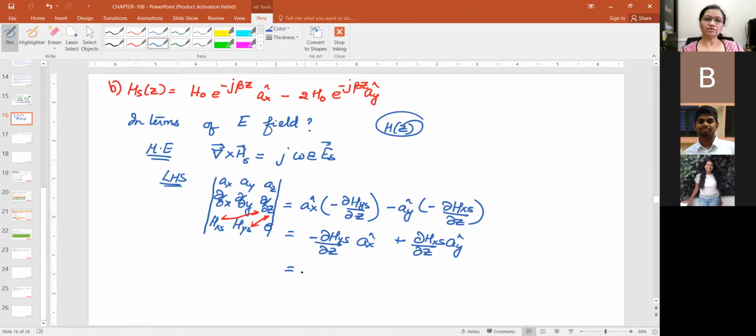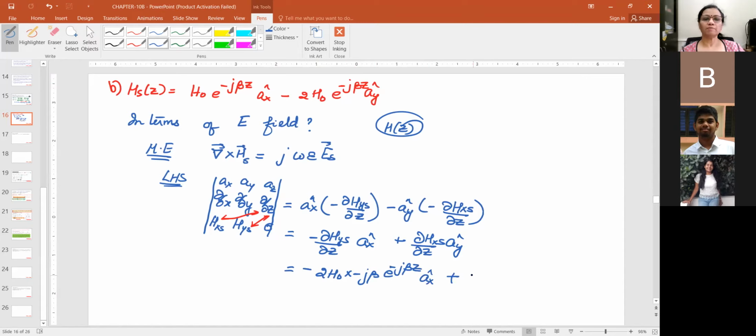When you differentiate, what are you getting? You're getting minus, then 2H naught, then you also get minus j beta, then the original part of it is going to be e to the power of minus j beta z along the ax cap direction, plus let's do the next one.